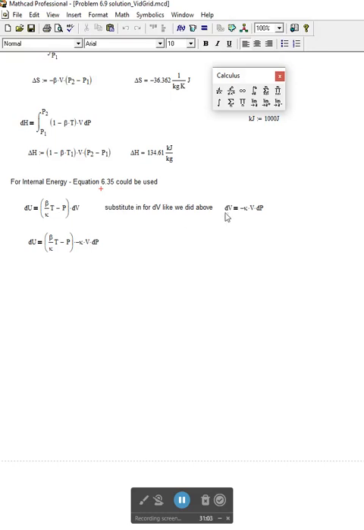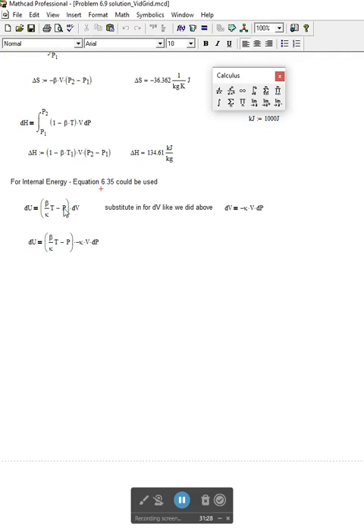And so what we need to do is just like we did for work. We need to substitute equation of state information into this canonical equation. We can use the same thing that we had before: dV is equal to minus kappa V dP. This was equation 3, whatever it was, up above.